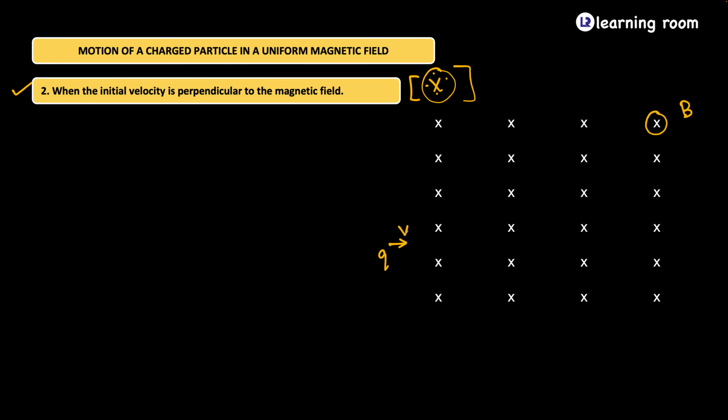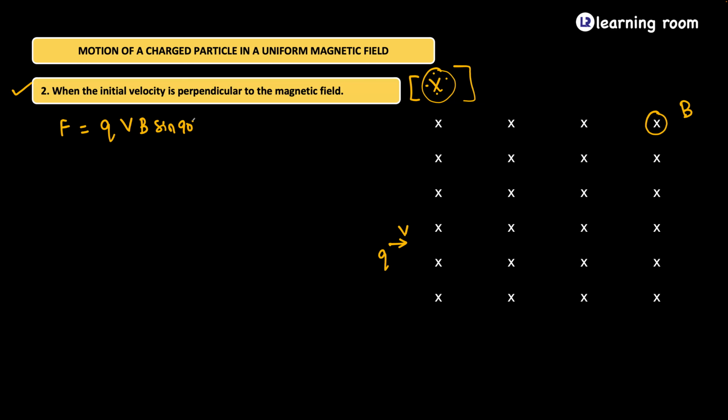So how are they with respect to each other? They both are perpendicular to each other. So what is going to be the force that will act on the charged particle? F will be equal to QVB sine of 90 degrees.